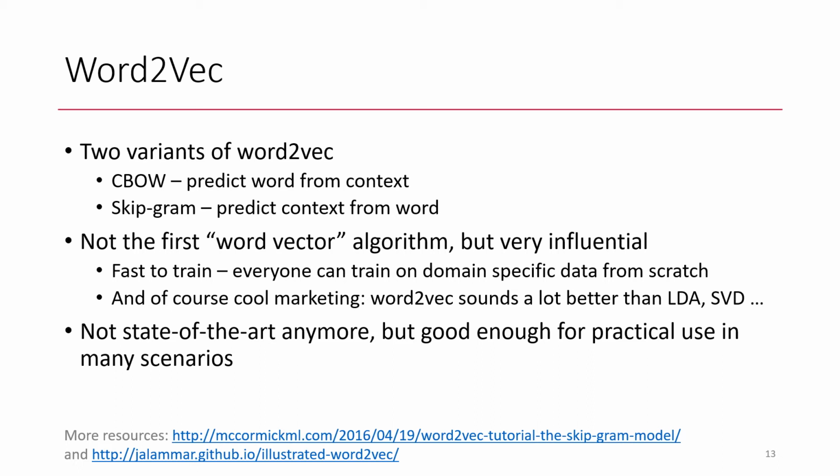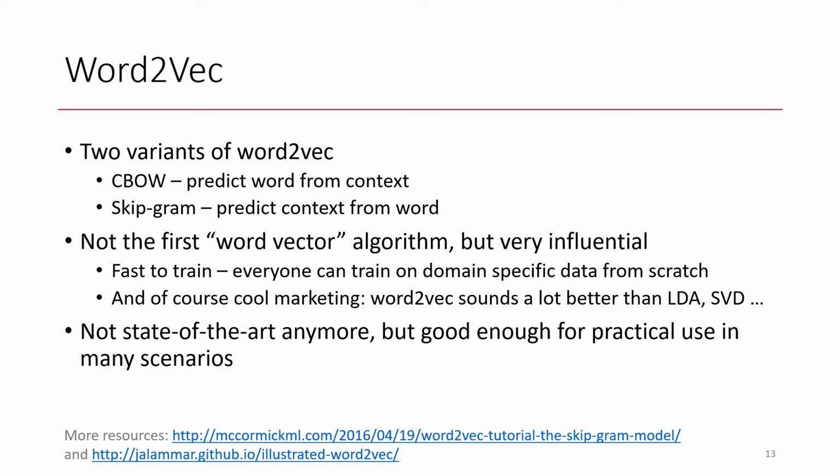And both methods have been shown to produce the same or similar results, so it doesn't really matter which one we use. It's just a difference in training, but the word embeddings we get out of it are very similar.